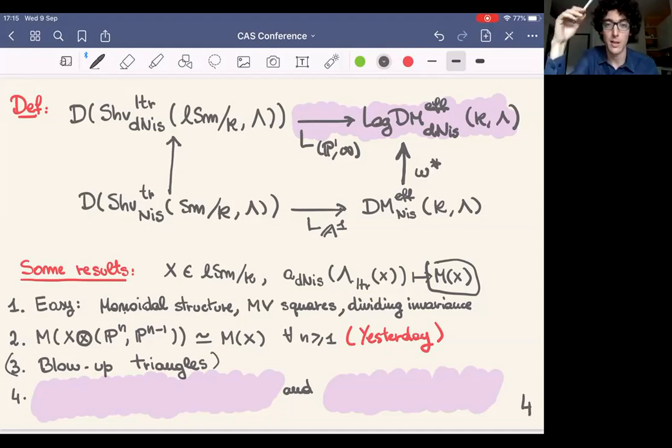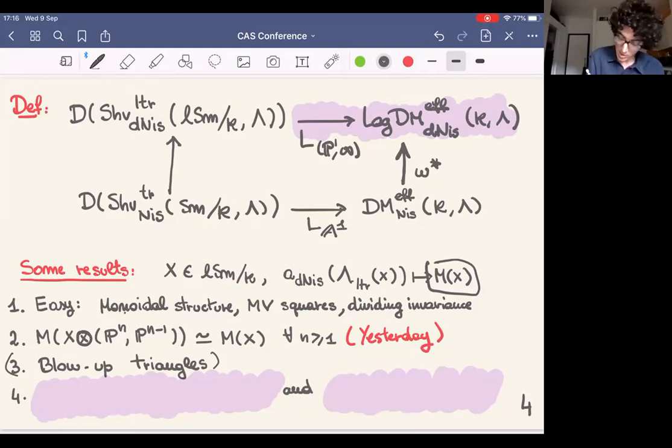You have a restriction functor on the category of schemes, and then you get the left and right Kan extension, and then you show they are compatible with localization. But I will say something about one of the adjoints later when writing down explicitly the comparison results between DM and logDM.